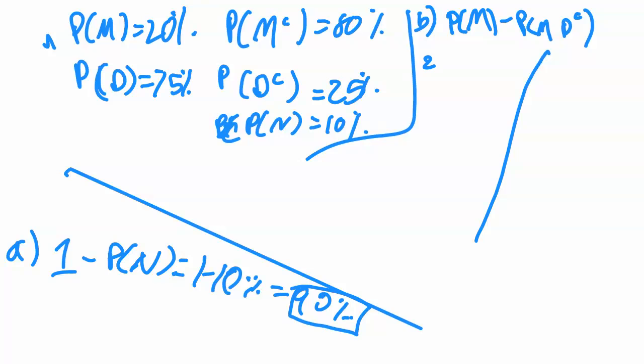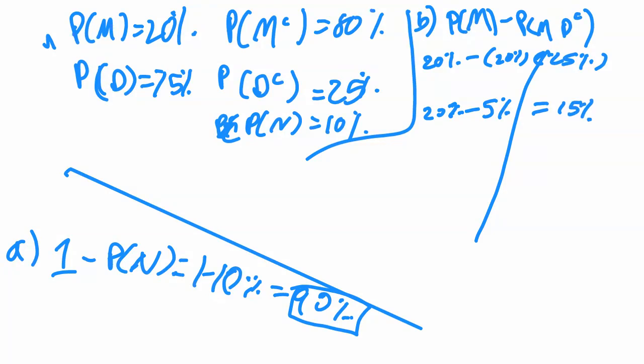And then this would be 20% minus the intersection, which is just multiplying the two probabilities, 25%. Then this equals 20% minus 5% equals 15%. I think looking back at it, I could have just done probability of meat times probability of dessert. That's the same number, but this is the way I did it.